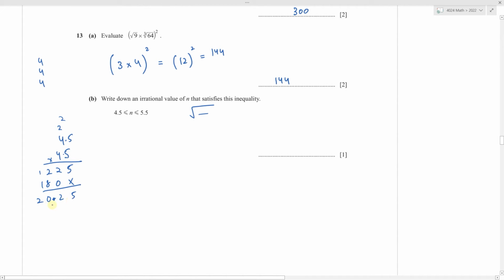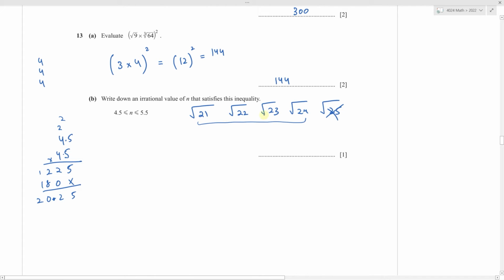That means I have to take a square root of a number that is larger than 20.25. So it could be 21, it could be 22, it could be 23, it could be 24. It cannot be 25 because that is a rational number. Square root of 25 is 5. 25 is a perfect square number. So I can choose any of these numbers.